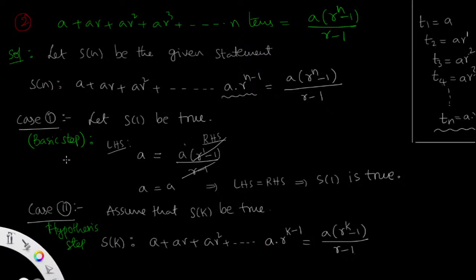And the second step is the hypothesis step, that is, assume that S of k be true. Then in the place of n we write S of k equals a plus ar square, and so on. In the place of n we write a into r power k minus 1 by r minus 1.